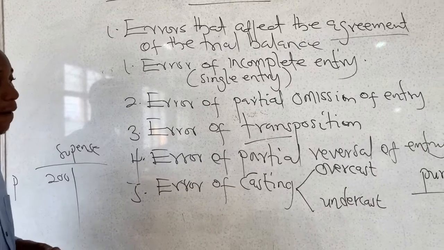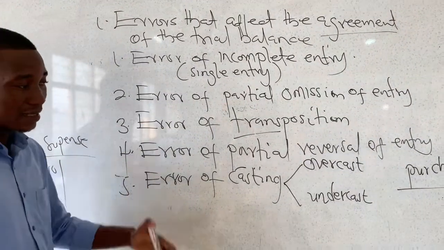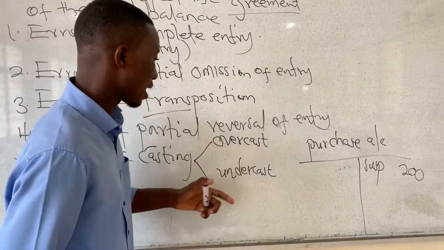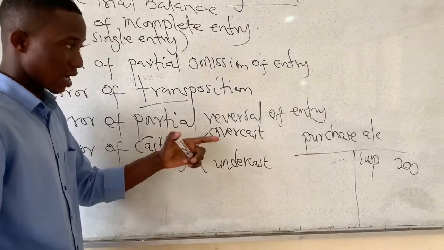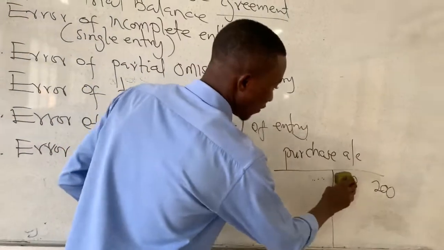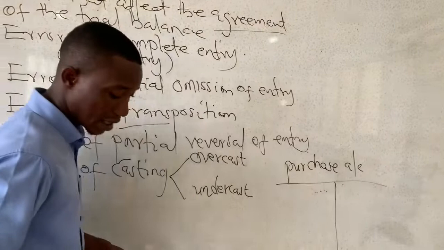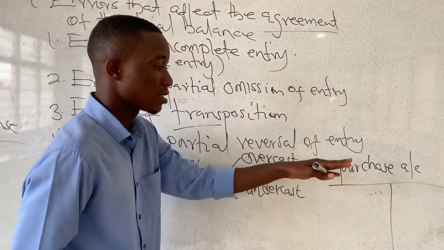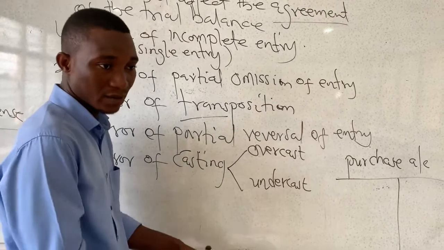But anytime you have understated an amount, let's still talk about the purchases account. Let's say this time the purchases account has been undercast by 200 cedis. You all know that the purchase account has a debit balance and it has been undercast. It has been reduced.